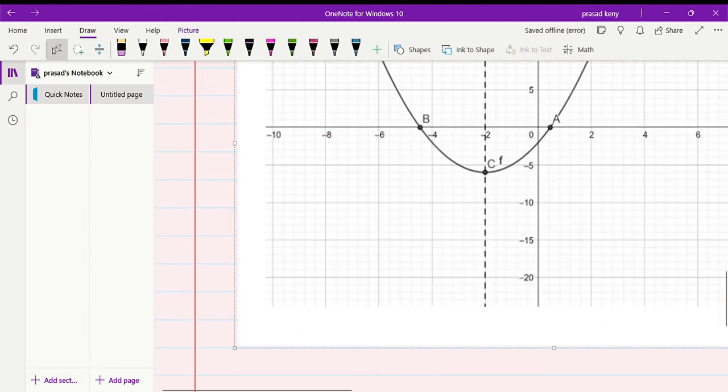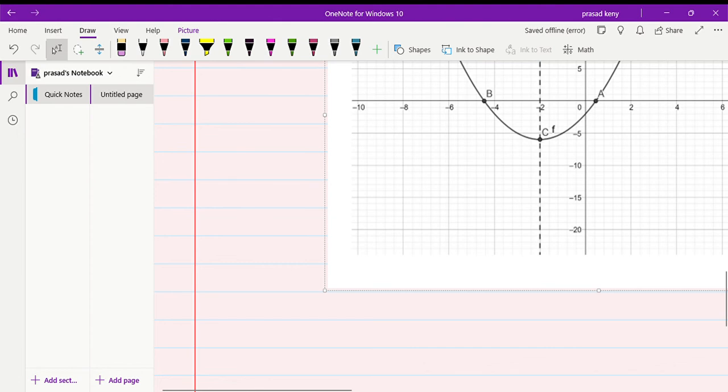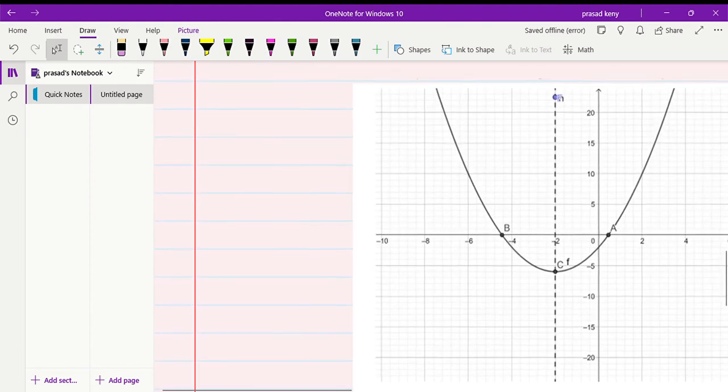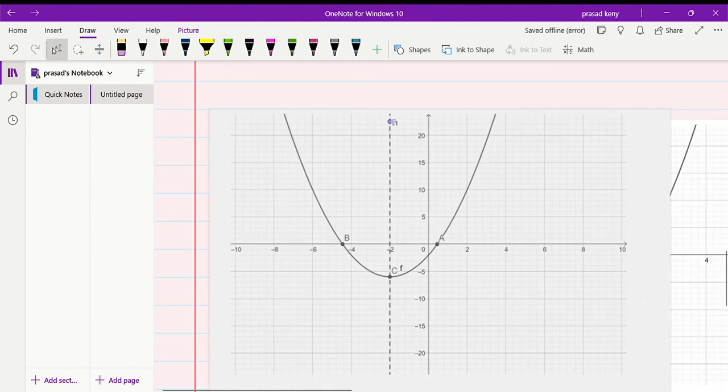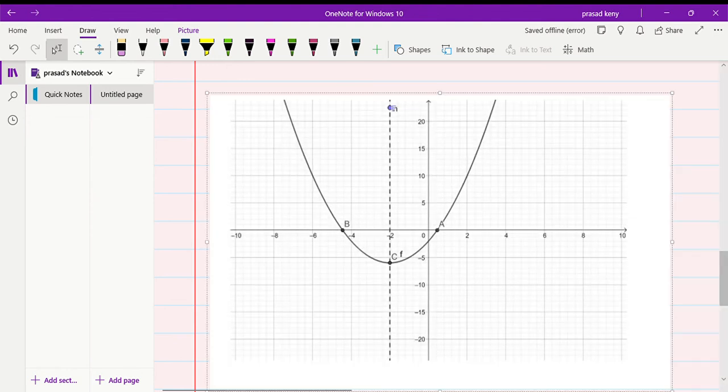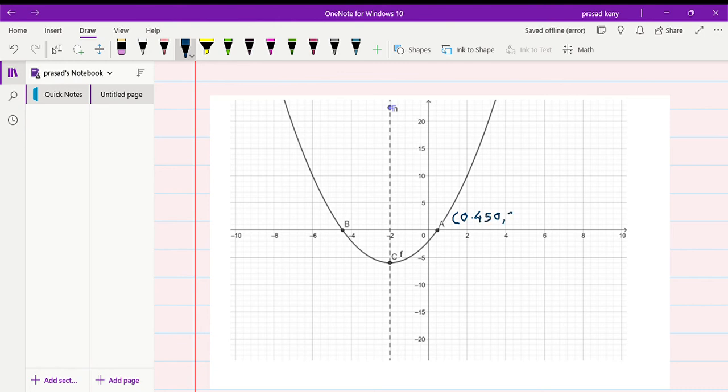So this is the sketch of the quadratic graph. Now, as you can see here, the x-intercepts on the positive side, this is A, whose coordinates will be (0.450, 0), B, the coordinates will be (-4.50, 0).